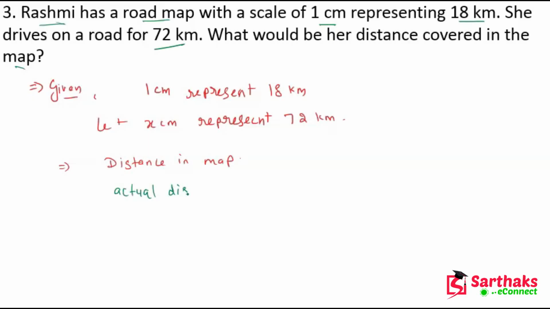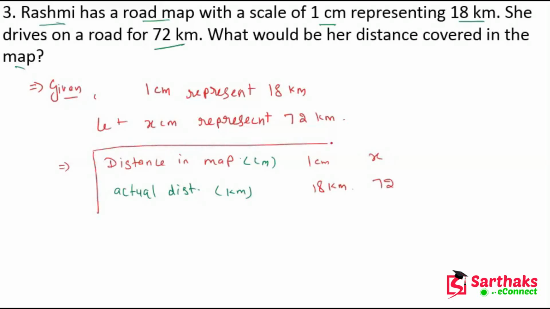This is in centimeter, and this is in kilometer. So if distance in map is 1 centimeter, then it is 18 kilometer. For 72 kilometer, we are assuming this is x centimeter. So we have to find the value of x.